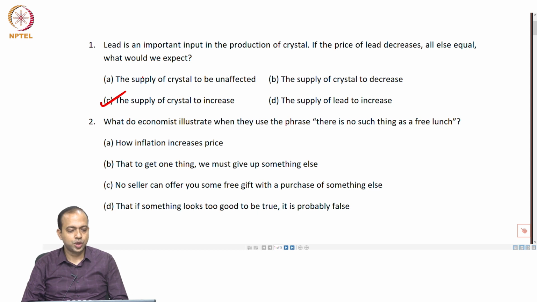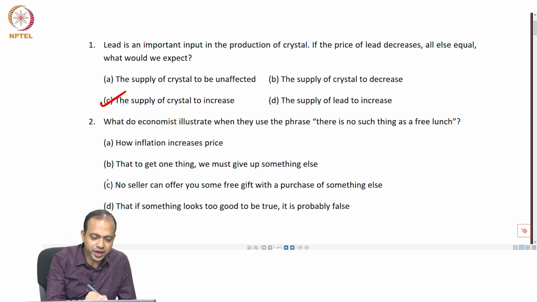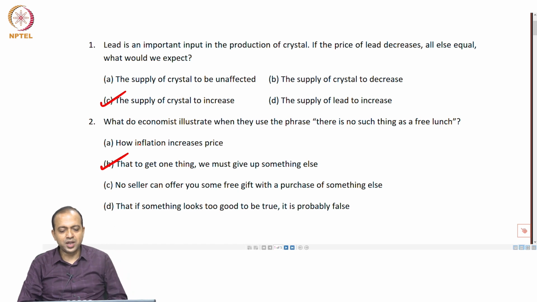No. That to get one thing we must give up something. No seller can offer you some free gift with a purchase of something else; if something looks too good to be true, it is probably false. So actually the correct option is B. To get one thing we must give up something.